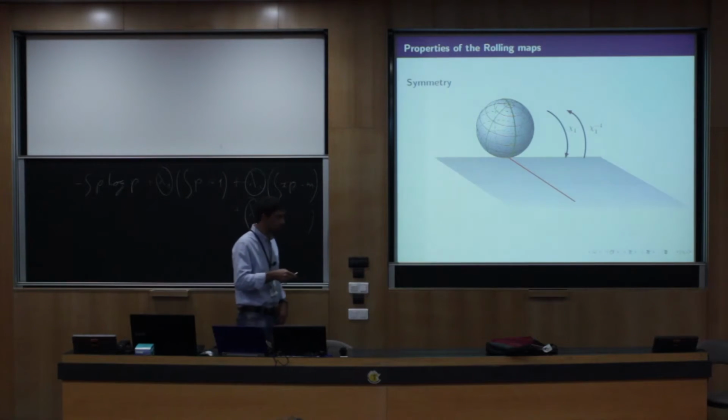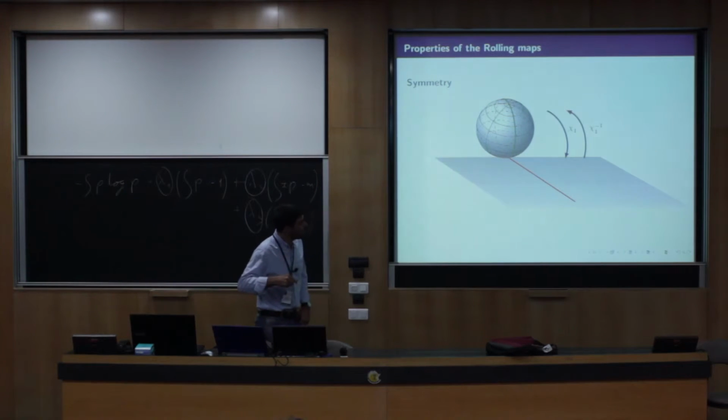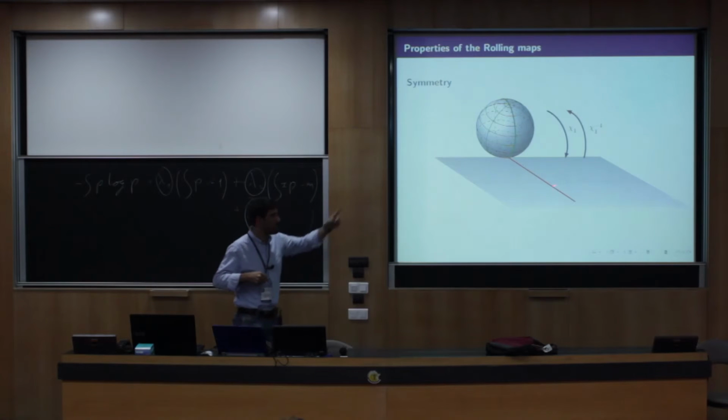That simply means that if we are rolling a manifold upon another manifold, with rolling curve this green one, and with development curve this red one, then the inverse of that map simply does the opposite. So what it is doing is to roll this affine tangent space upon the manifold, but now the rolling curve is the red one and the development curve is the green one.